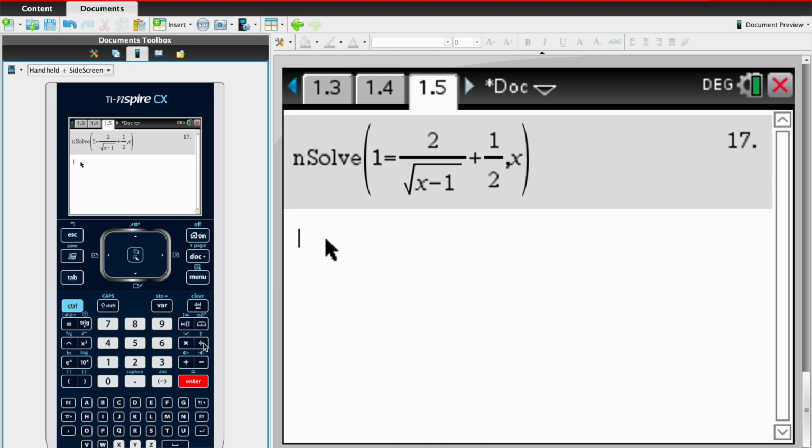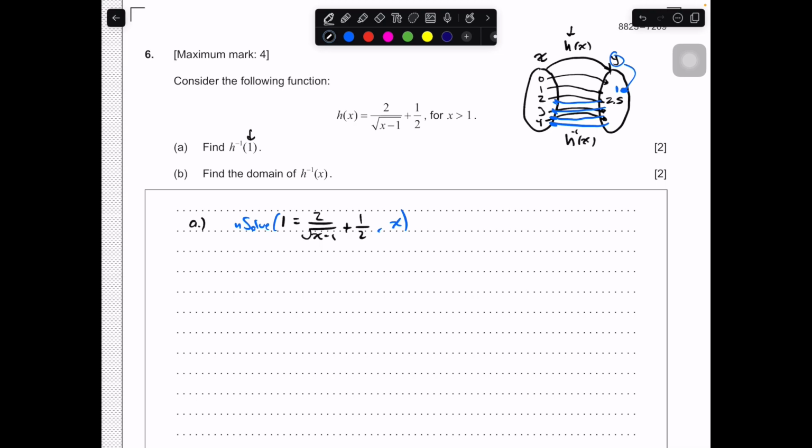And the value is 17, so not too bad. When they're asking us for an inverse, we're asked if the output itself, the output is 1 in this case, what was the input? And in this case, x would be equal to 17. Not too bad of a question.